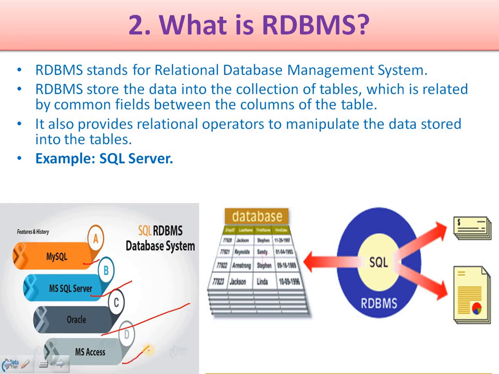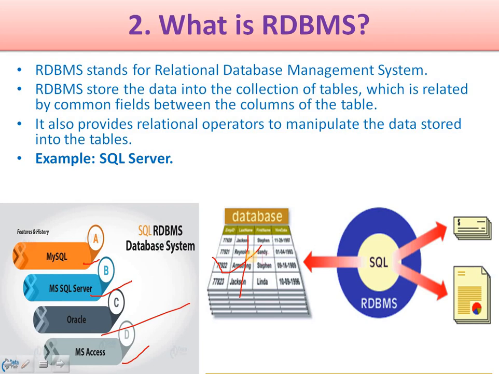And how does it work? Relational database is the most commonly used database. It contains a number of tables, and each table has its own primary key. Primary key means a unique number to identify the attribute or row.